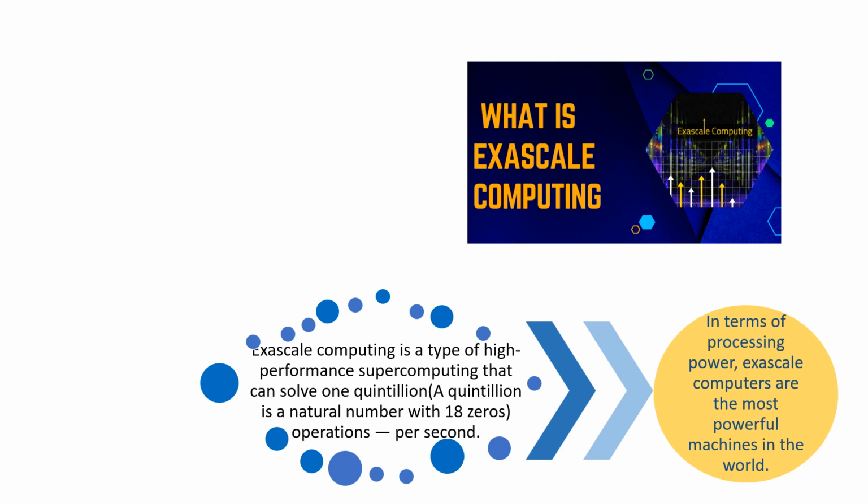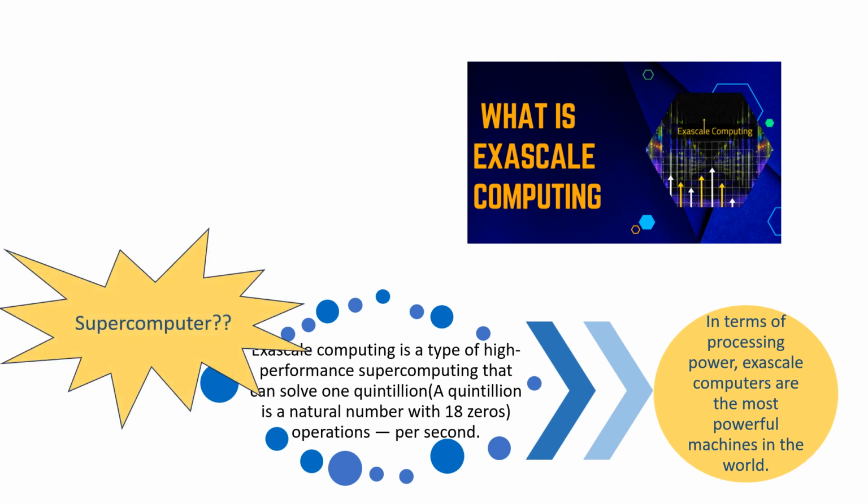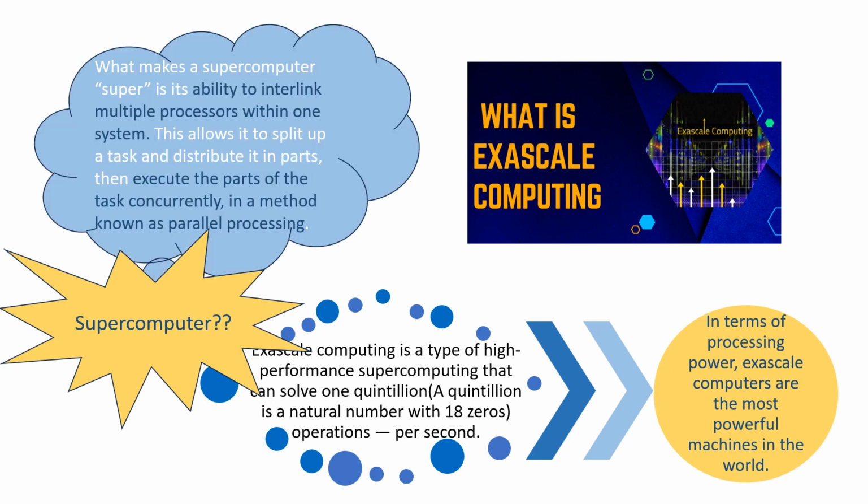Now, we already said it is a type of high performance supercomputing. So let's see what a supercomputer is. The super is the ability to interlink multiple processors within one system. Exascale computing also has the ability to interlink multiple processors within one system, so that it can do 1 quintillion operations within a second.